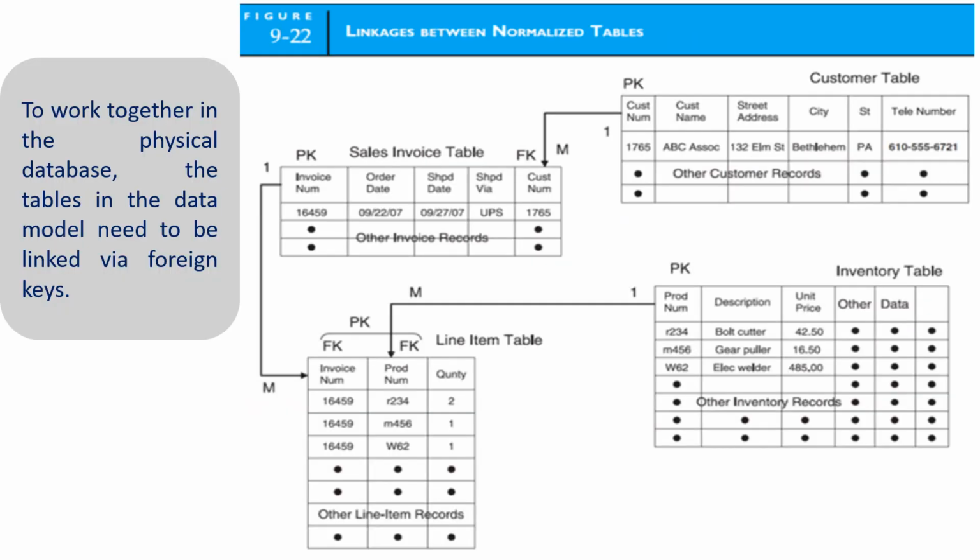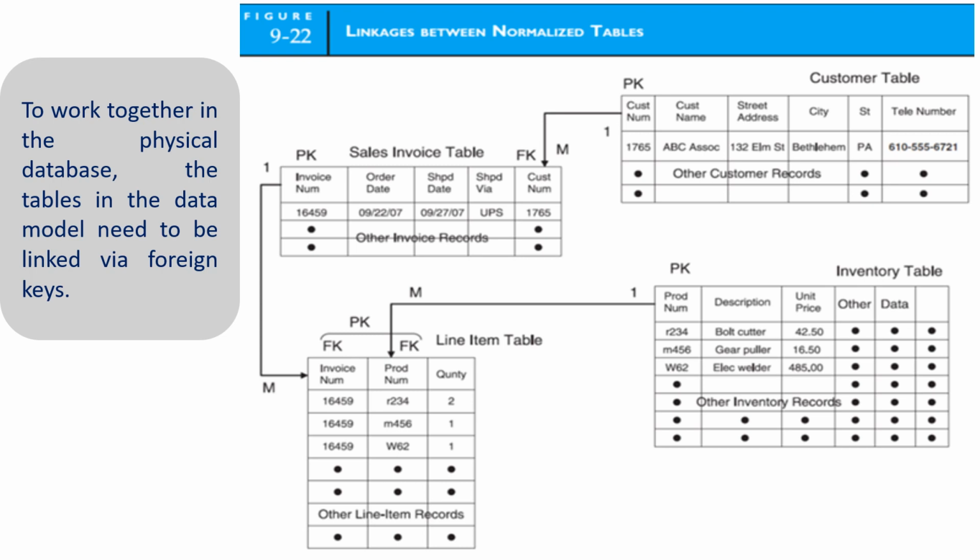So after we normalize the data, we meet all the normalization. Let's see how the foreign keys link the normalized tables to each other. We already explained it in the previous slides, but let's see again after the normalization.